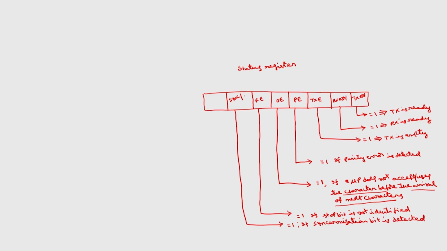So, this bit will be used in synchronous serial communication, or we can use this as break character also. And the last bit is DSR, data set ready. If data is ready, this bit will be 1.